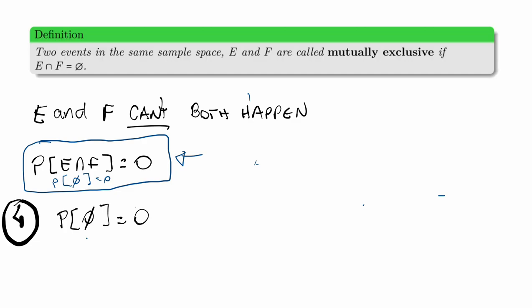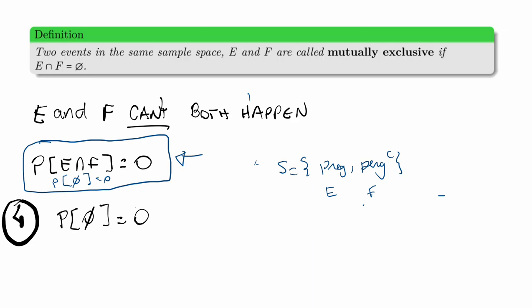So let us think about examples of two events that are mutually exclusive. The most basic kind of events that are mutually exclusive is when they are complements. For example, if I'm doing a pregnancy test and I say I'm pregnant or I'm not pregnant. If I call this event of pregnancy E and call the complement F, or E complement, it is impossible to be pregnant and not pregnant at the same time.